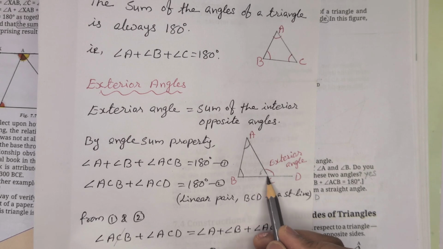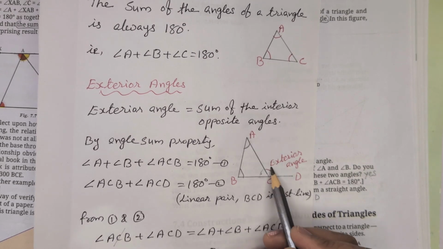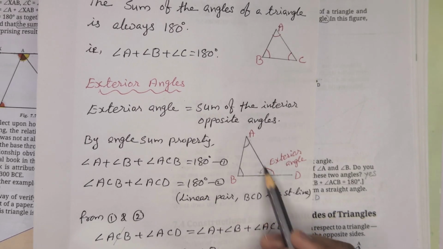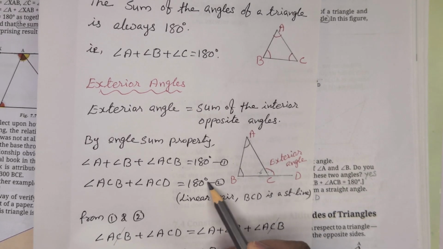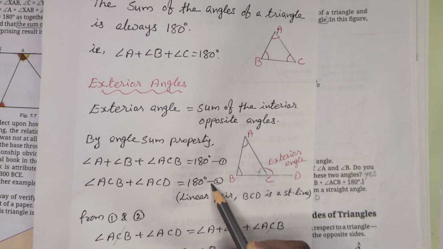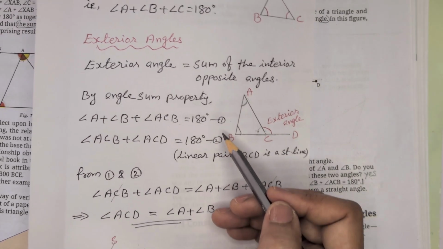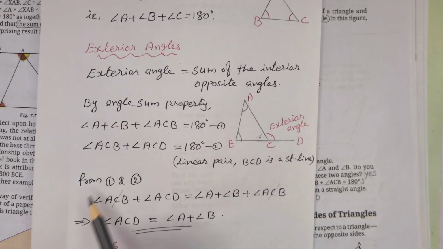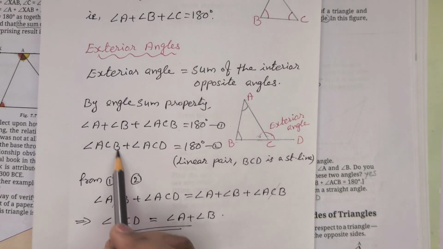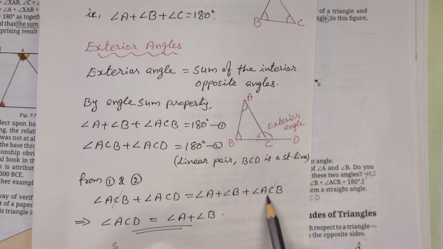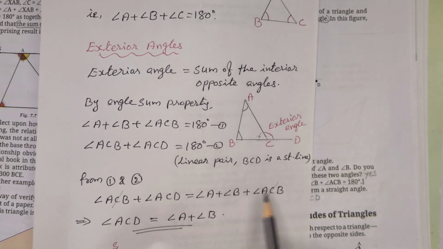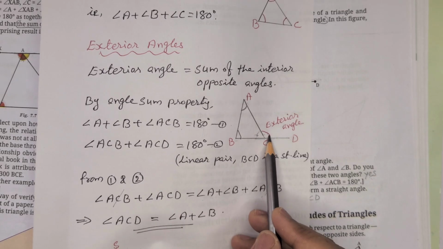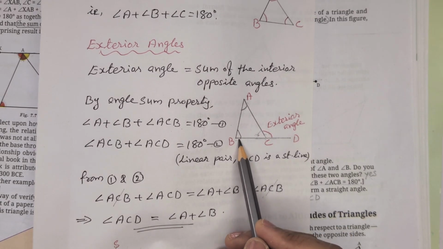Then second one, when we consider this a straight line, these two angles, angle ACD and angle ACB, must sum to 180 degrees. That is equation number 2. When we consider these two equations, we can see the right sides are equal, then the left sides will also be equal. So we can cancel this angle ACB from both sides. Then what are we getting? ACD is equal to A plus B. This angle is equal to the sum of these two.